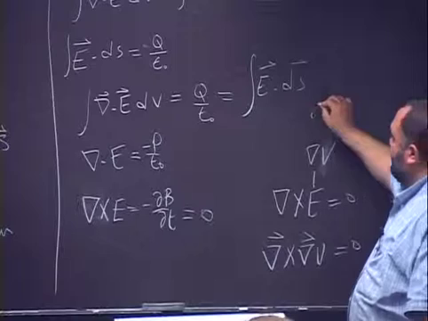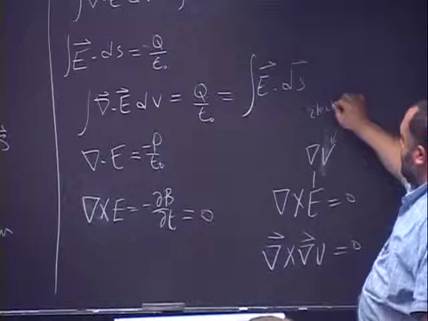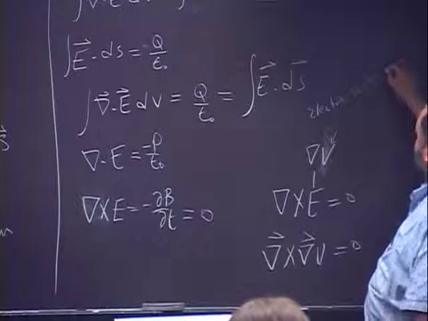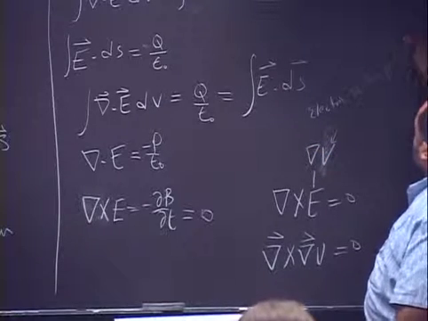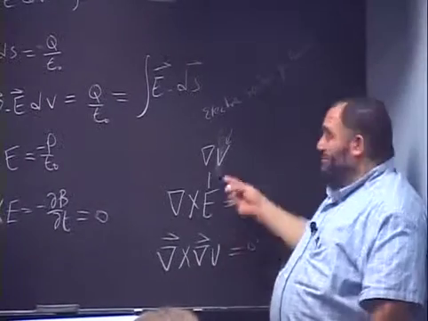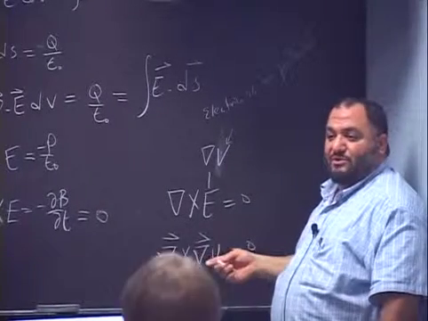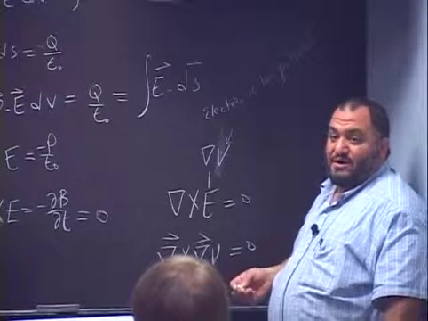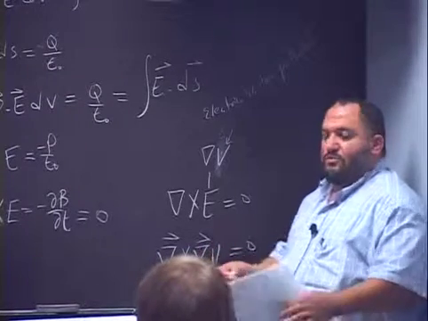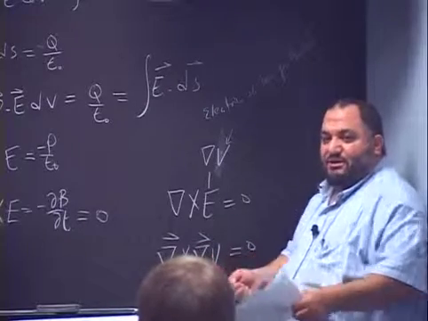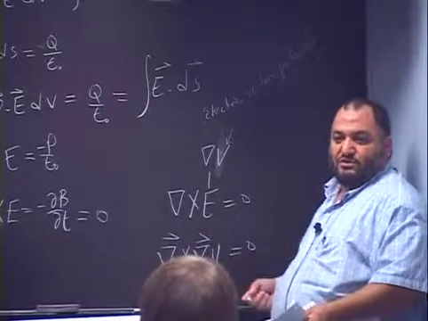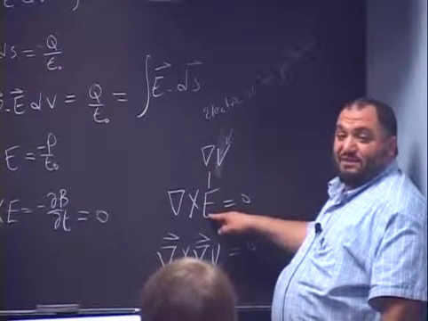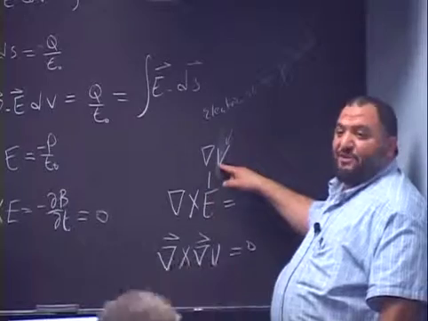The electric scalar potential, because it is the gradient of a scalar potential. What's the potential in electrostatic? When I ask you to measure something, the potential? Yeah, the voltage. So this is the voltage. So this is why in electrostatic, I can write the electric field as the gradient of a scalar potential.